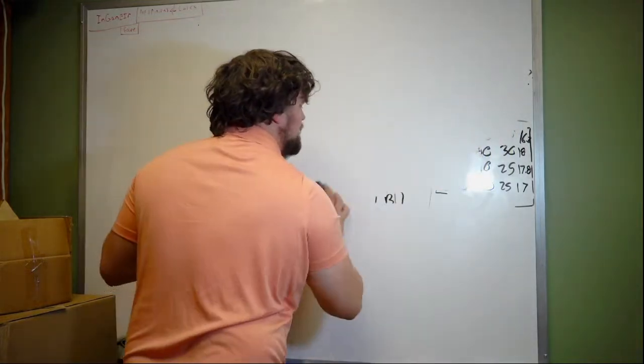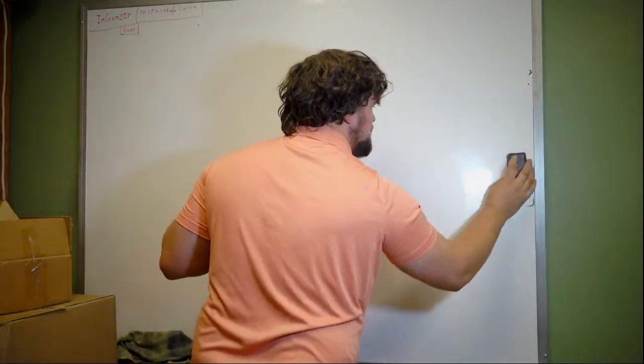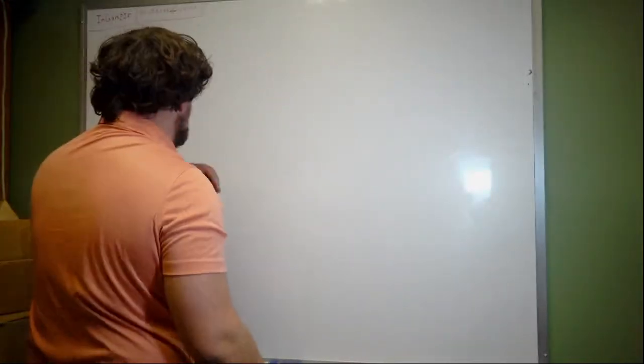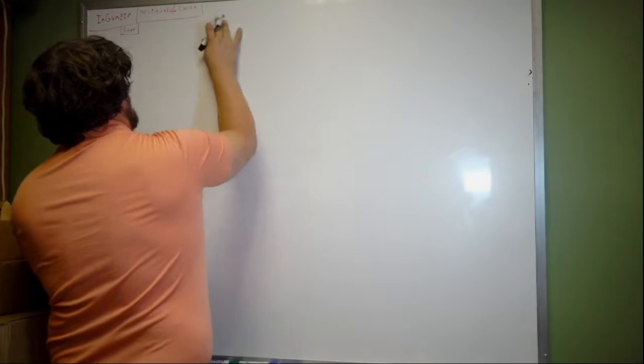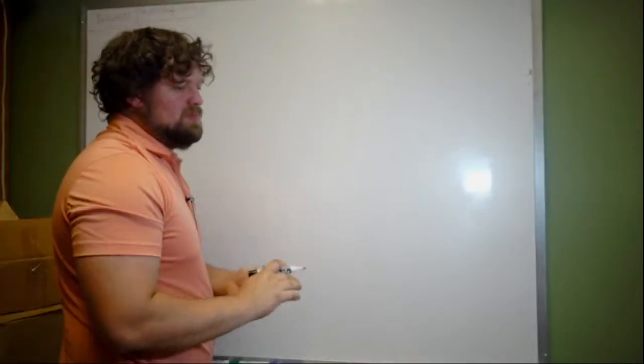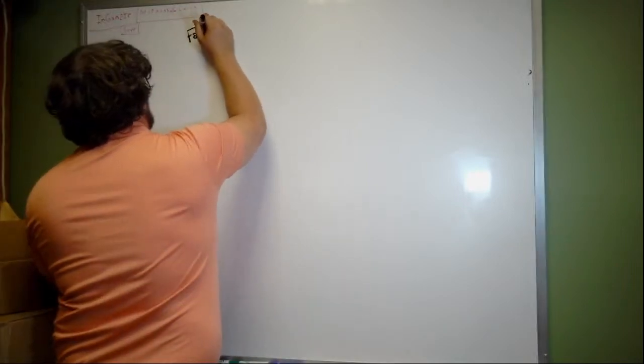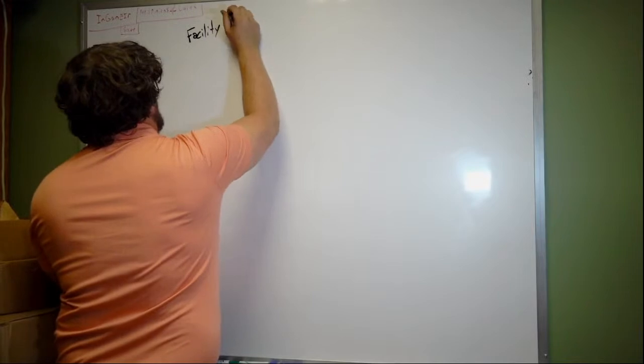Okay, so another thing that we can do on our inventory list is, let's say we have a facility that has certain production capabilities.